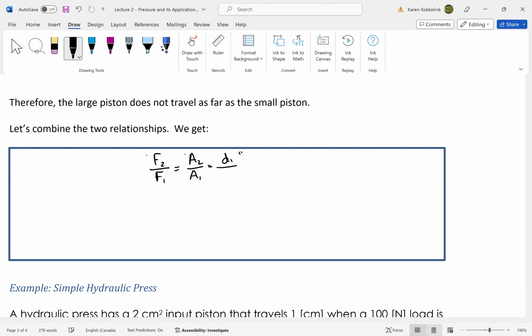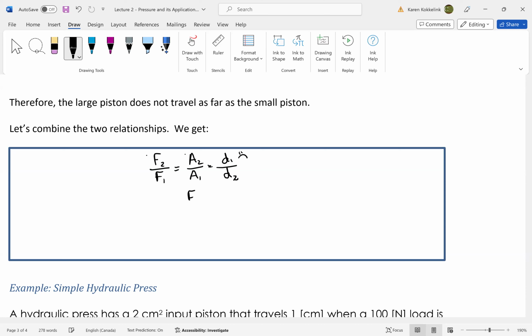Traveling less of a distance isn't necessarily a good thing. It does not do a lot of work. Whereas this tiny piston at the start, where we put our force in, travels farther, which, if you're looking at linear motion, actually does more work.